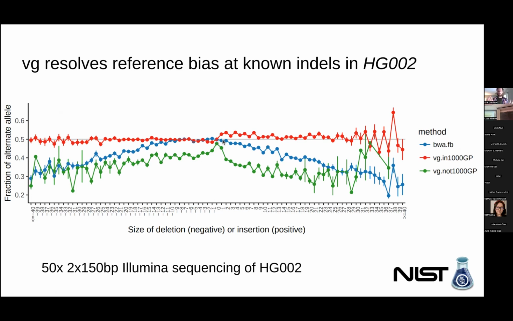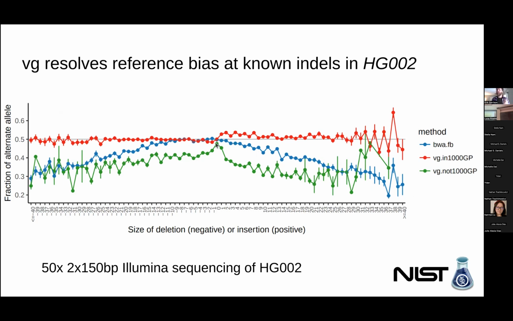With a 150 base pair paired-end read, you're going to be able to map through a SNP. Not a problem. But what begins to happen as you see larger insertions and deletions is that you begin to miss the alternate allele, the non-reference allele that has this delta in it. And that's quite profound as you get close to a third of a read length, so about 40 to 50 base pairs.